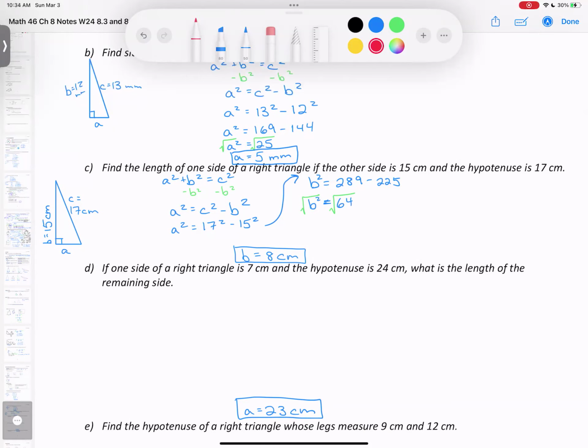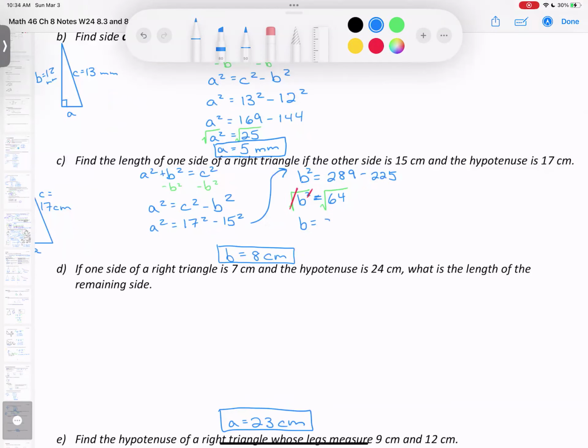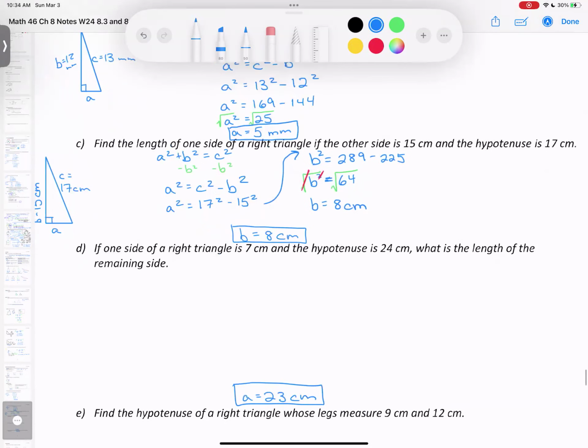I want to know what plain B is on its own. And I know that the square root sign will undo the square. So you can kind of think of it as canceling. We're canceling out the square with this square root so that we get just our plain B. And so B here would be the square root of 64, which is 8. And we're dealing in centimeters. So this would be 8 centimeters.